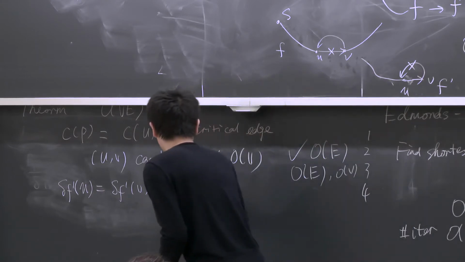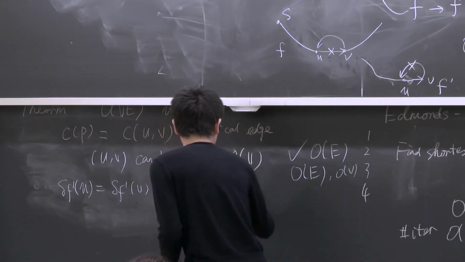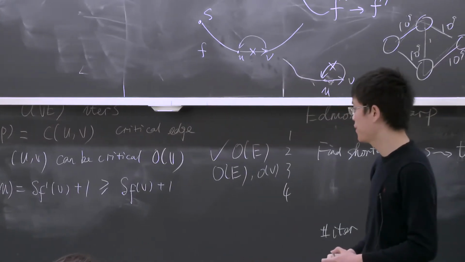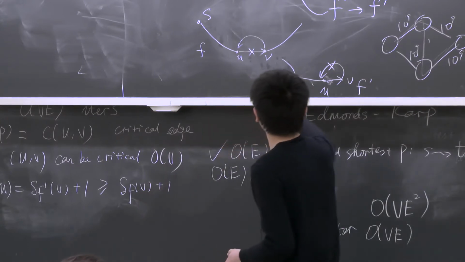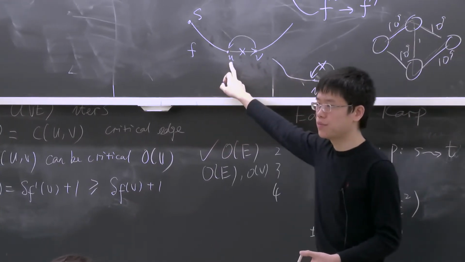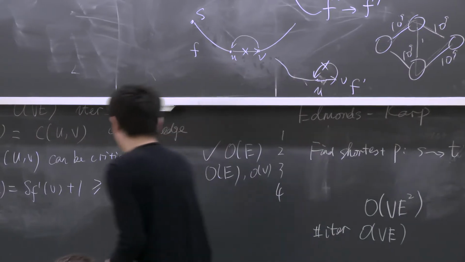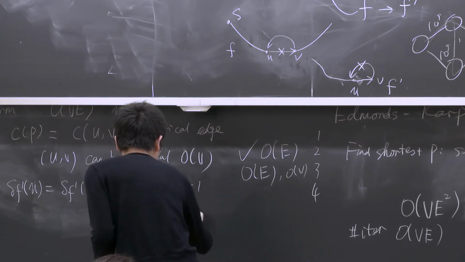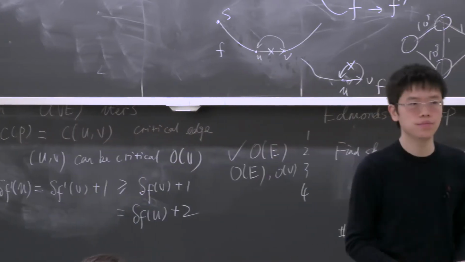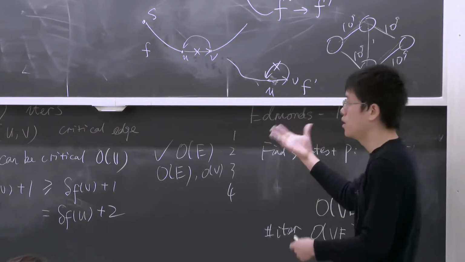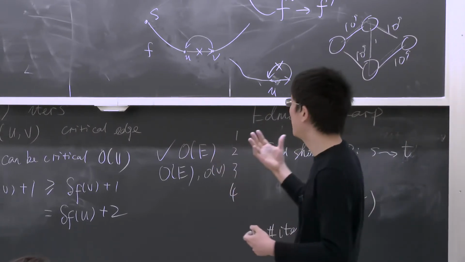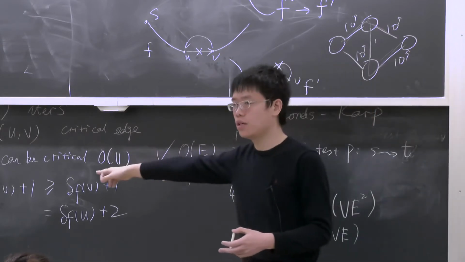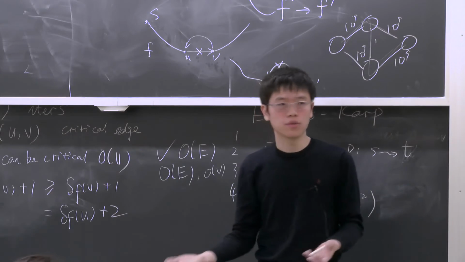So it's greater or equal than delta_f of V plus 1. Okay? And we also know in f, V is the predecessor of U. So this one is equal to delta_f of U plus 2. What does that mean? It means in between two times UV is augmented, delta of U must increase by at least 2.